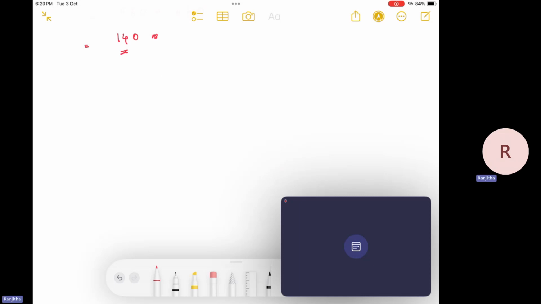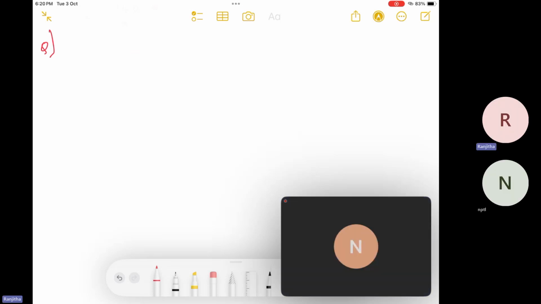Now let's see a couple of examples on the memory access time. There is another question in the previous year's question paper, so we'll take that also. Here the question is: in a paging hardware with a TLB, page table and all pages are in physical memory.